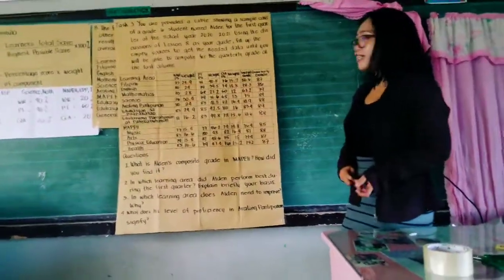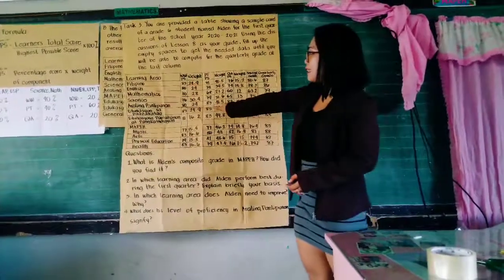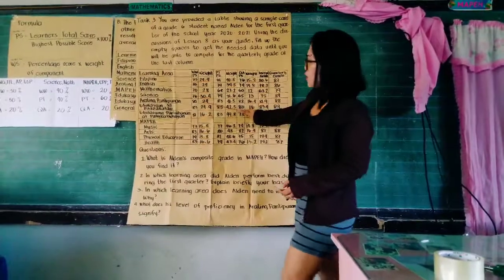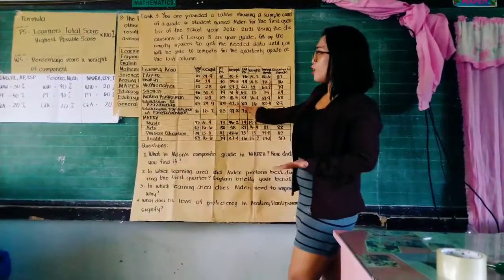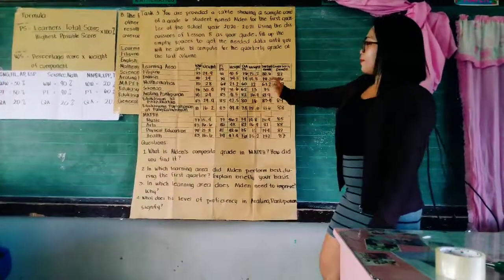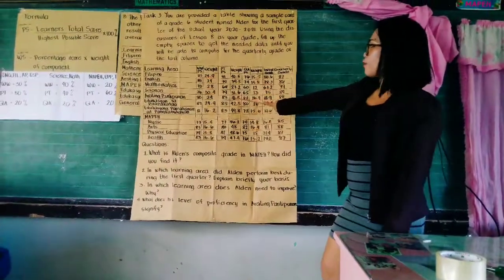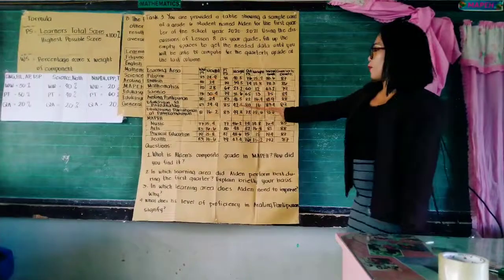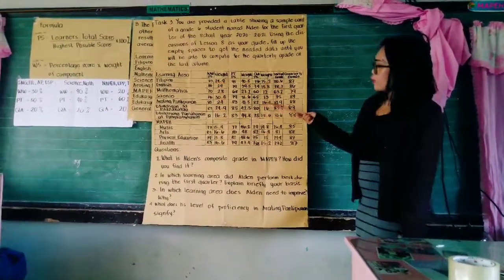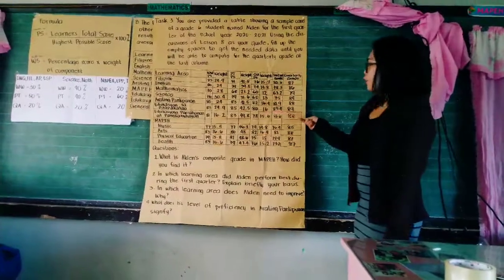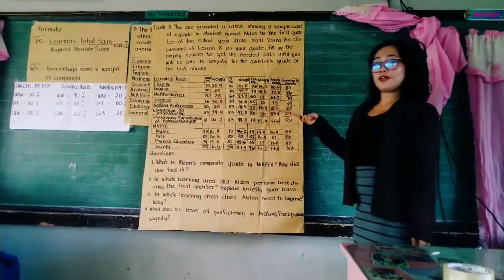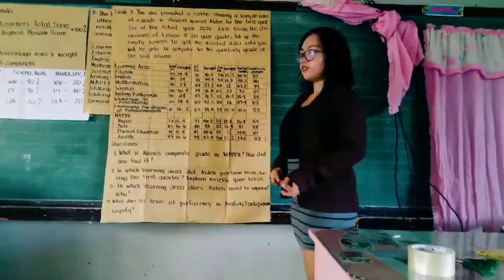Then, for Araling Panlipunan, 80 times 30% equals 24, the 30% for written works given in the formula. Then 83 times 50% equals 41.5. 82 times 20% equals 16.4. And the total for this is 81.9. The transmuted grade for 81.9 is 88.